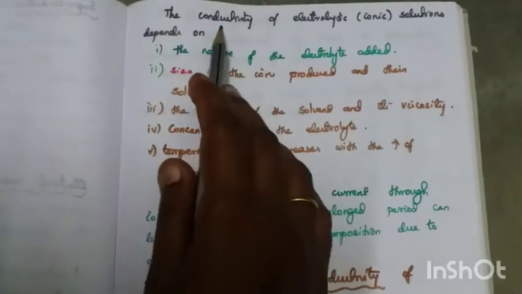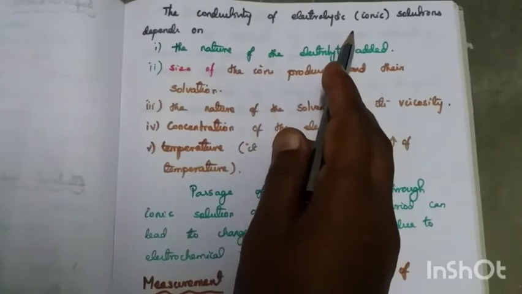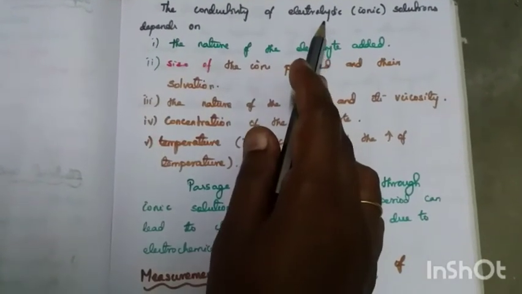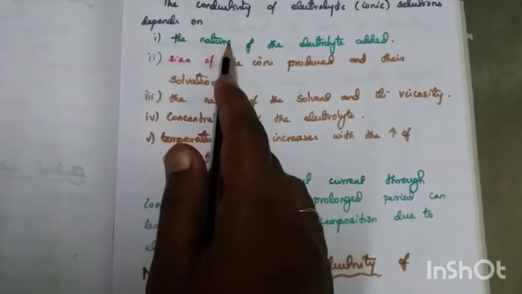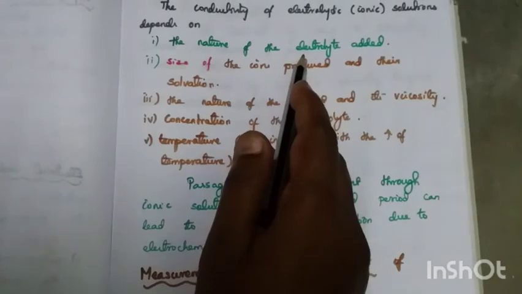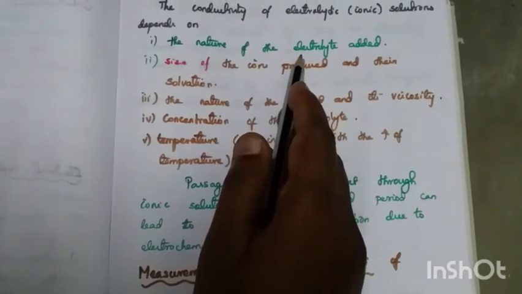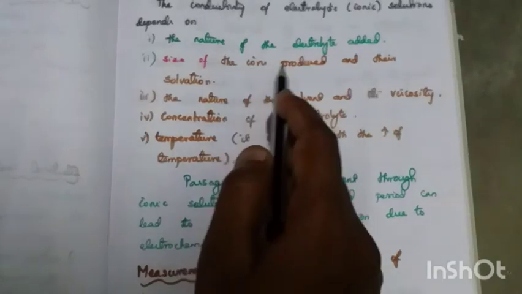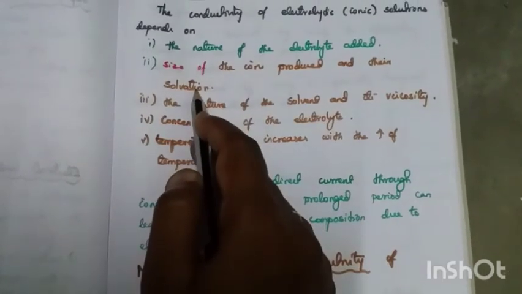Next, the electrolytic or ionic conductance depends on several factors. When NaCl is dissolved in water, which type of conductivity is it? Ionic conductivity. This ionic conductivity depends upon the nature of the electrolyte, that is, whether it has a tendency to be ionized completely or not, and the size of the ions produced and their solvation.